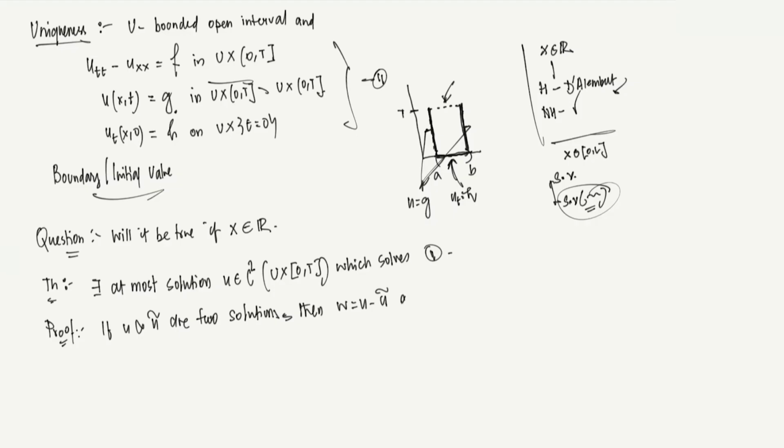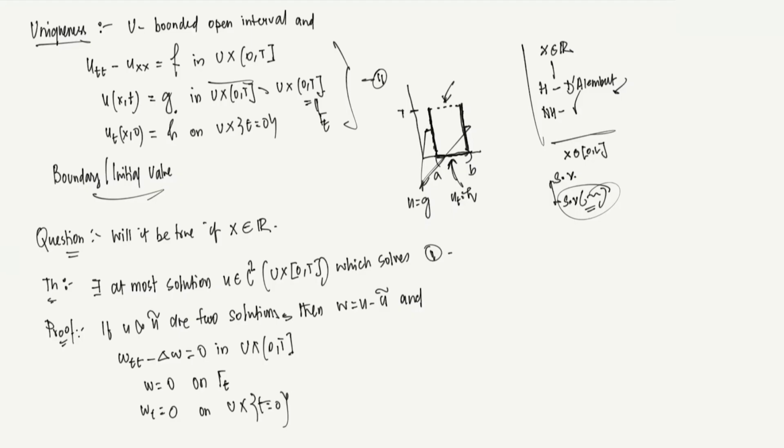And what do you have? We have WTT minus Laplacian of W equals 0 in U cross 0 T closed, W equals 0 on this set, let's call it gamma of T, on gamma T, and WT is going to be 0 on U cross T equals 0.